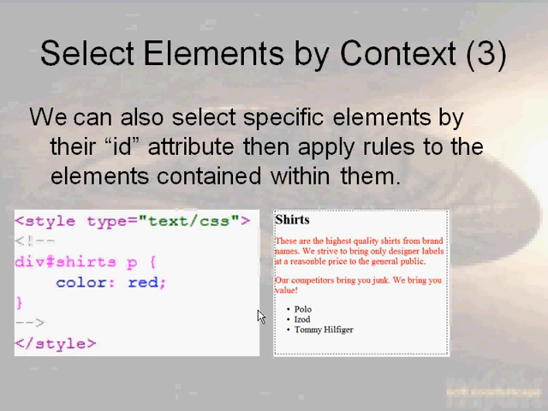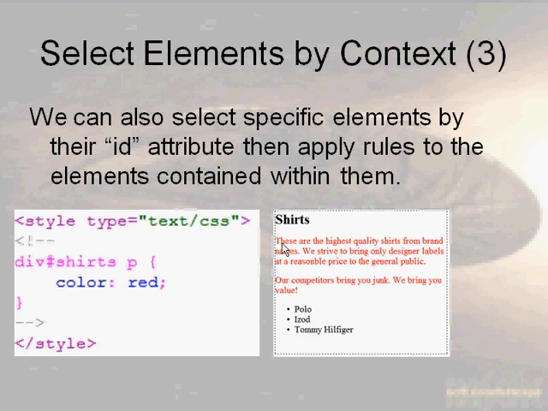We can also select specific elements by their ID attribute, then apply rules to the elements contained within them. For example, on the right hand side, I see this shirts header with some paragraph of text followed by a list. 2 paragraphs of text followed by a list. What can I do with this? Well, let's say that I don't want to touch the headers. I'm satisfied with them and the color is fine, and I don't want to touch the list.